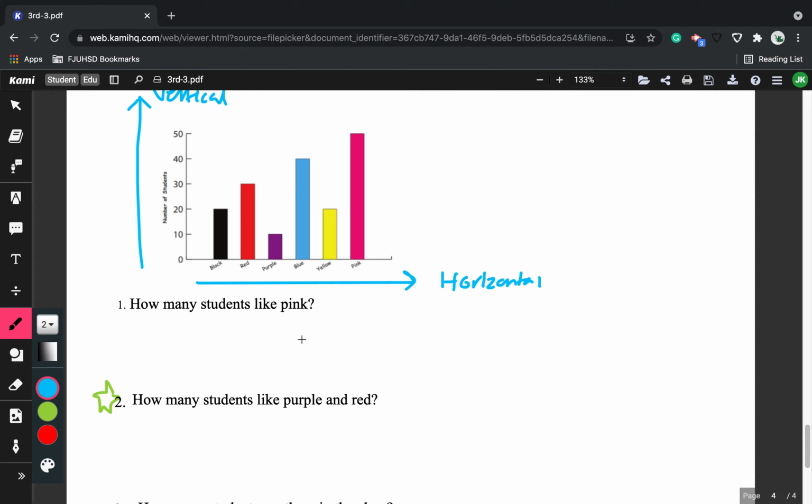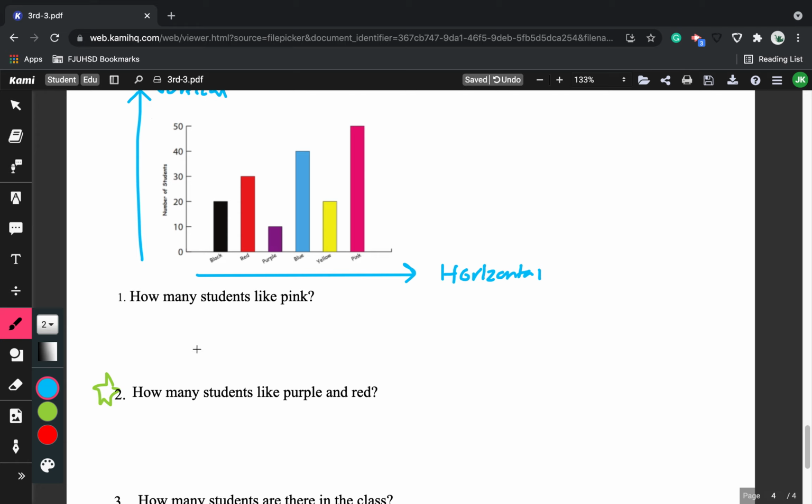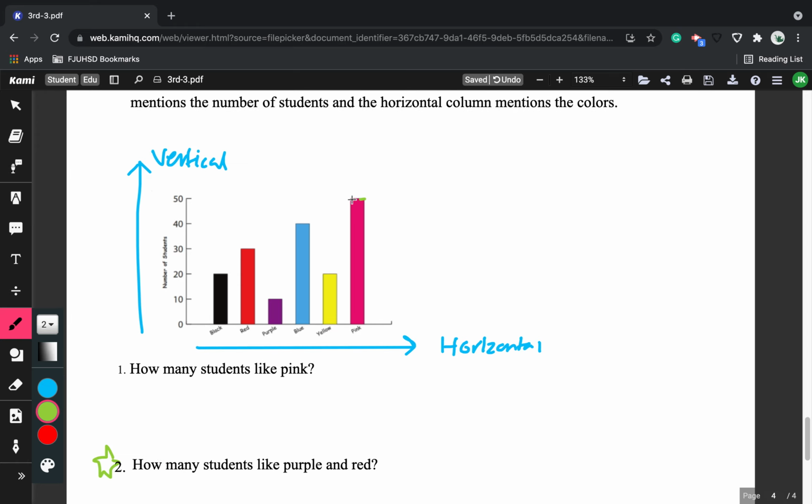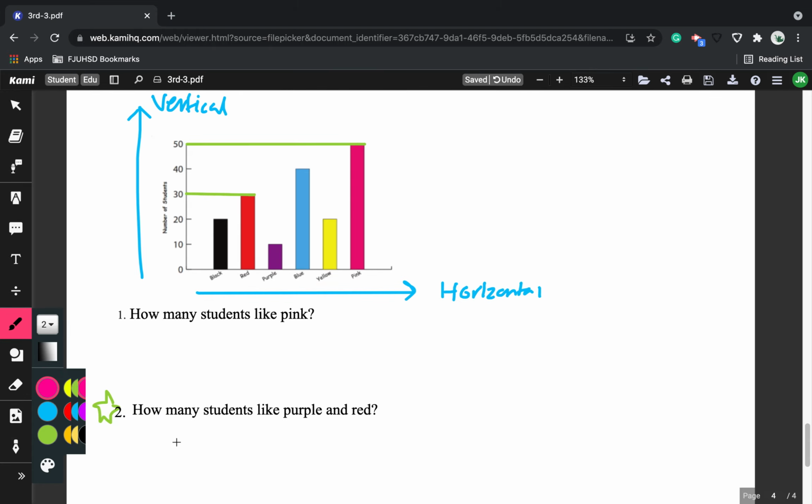Okay, so how many students like purple and red? So what you do is that you add these two together. Because this whole bar represents the people that like that color. So 50 people, oh, purple.